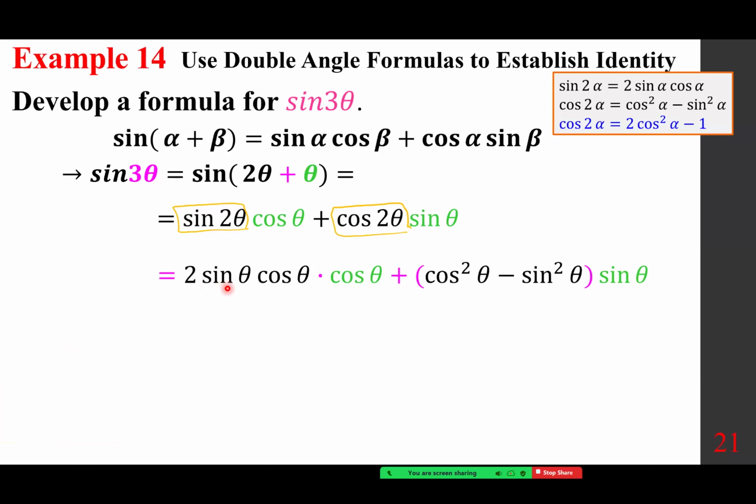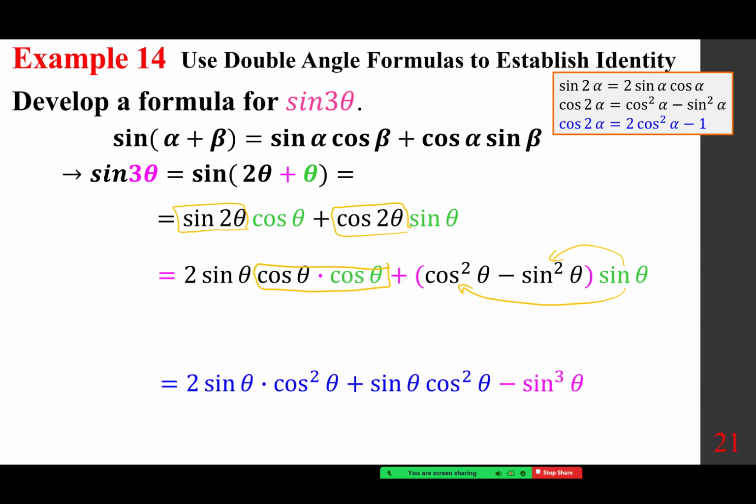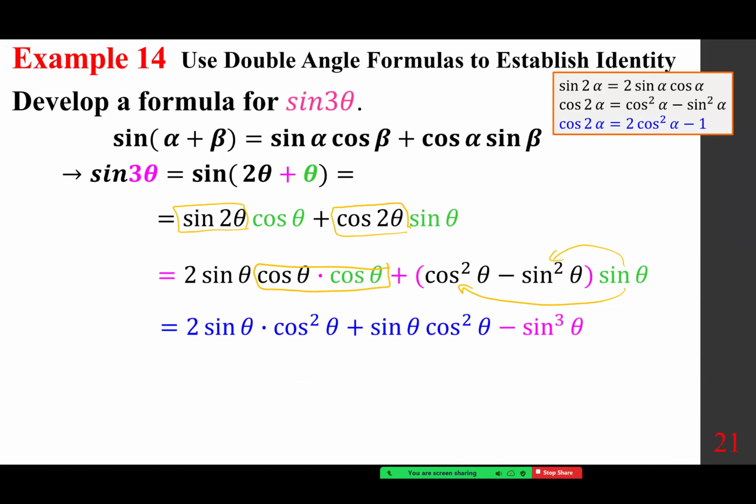So here we have 2 sine theta cosine squared. Here we have plus sine theta cosine squared. Here we have negative sine cubed. In other words, distribute.